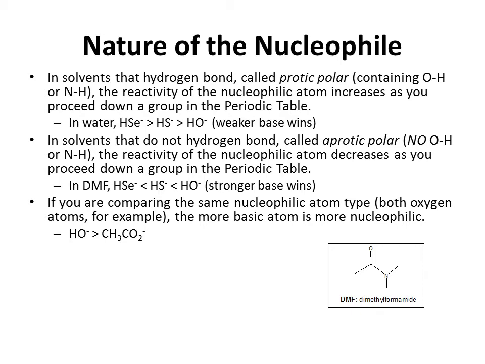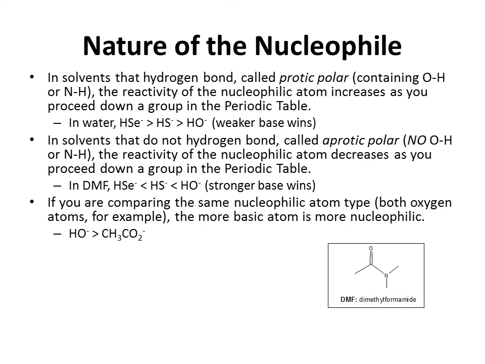In solvents that do not hydrogen bond, called aprotic polar, that is, they have no OH or NH, the reactivity of the nucleophilic atom will decrease as you proceed down a group in the periodic table. So now we have the opposite trend. In DMF, you see the picture in the box on the right, that solvent does not contain NHs or OHs, so it is an aprotic polar solvent.